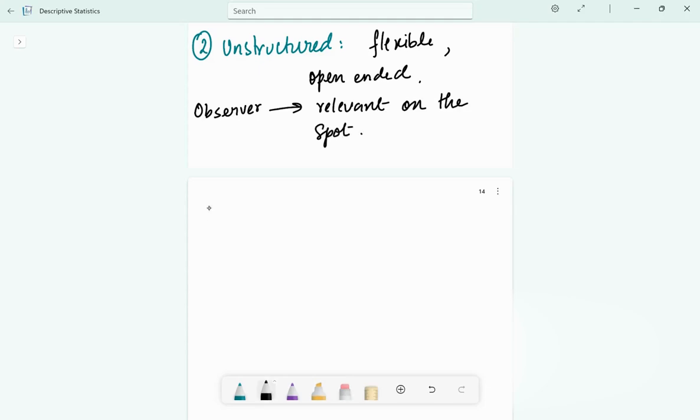Now what can be the examples for it? Let me take one example: observing customer behavior in a shopping mall.